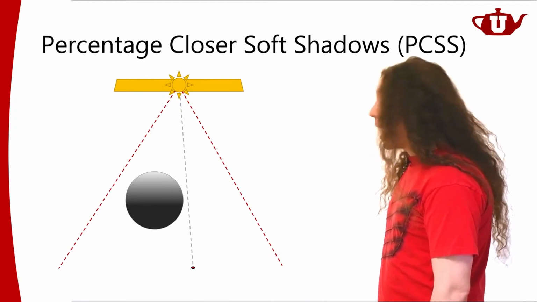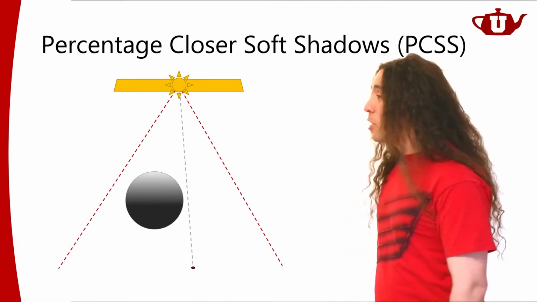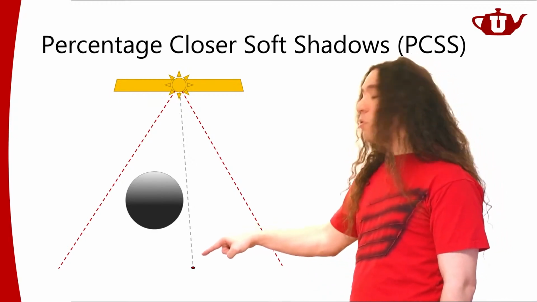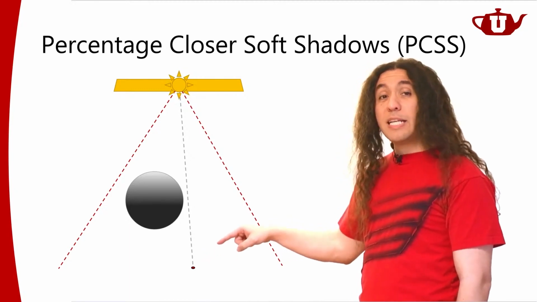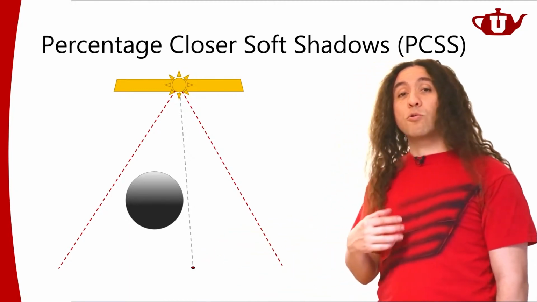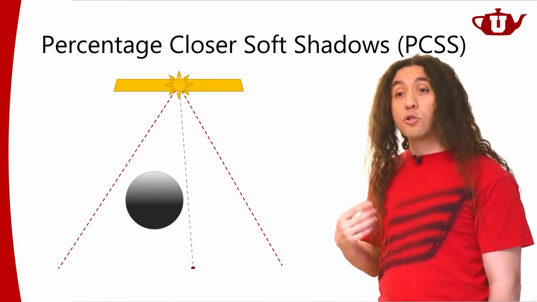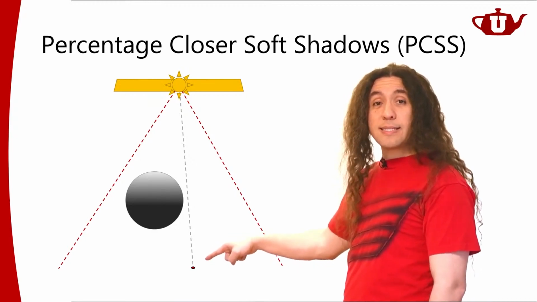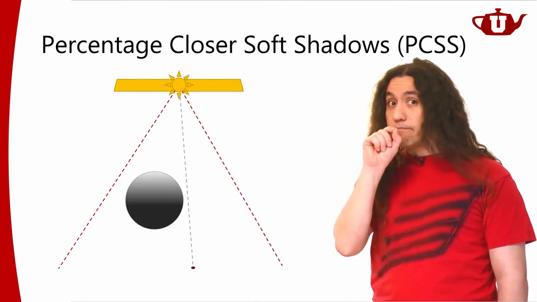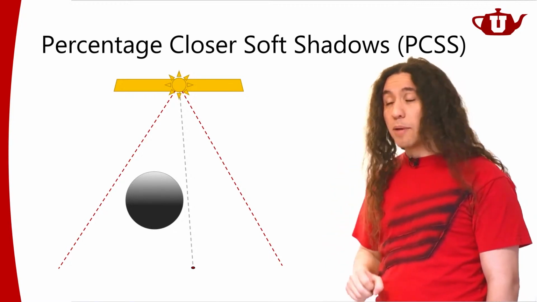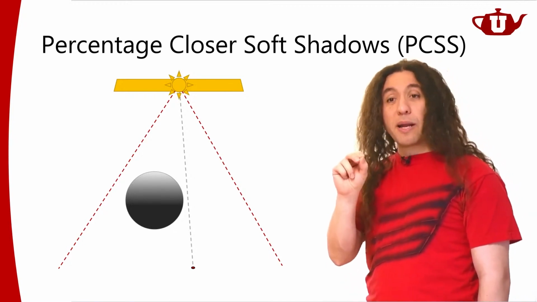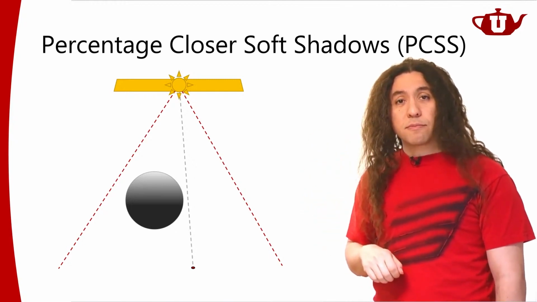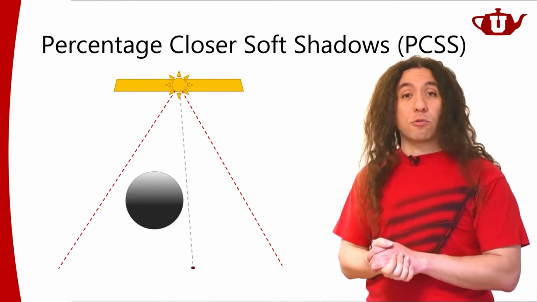So that means I cannot just rely on the occluder distance that corresponds to this point. What I need to do is what is called an occluder search. I'm going to find out where this point is on the shadow map. It corresponds to a point on the shadow map. Then I'm going to look at that point, but also at points around it within a radius, and see if I can find any occluders.